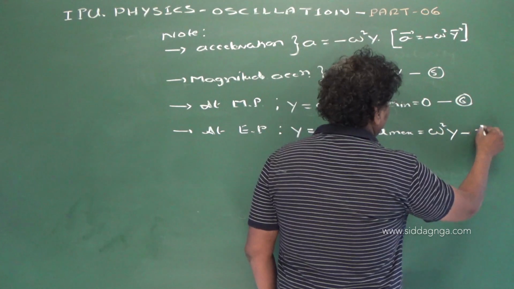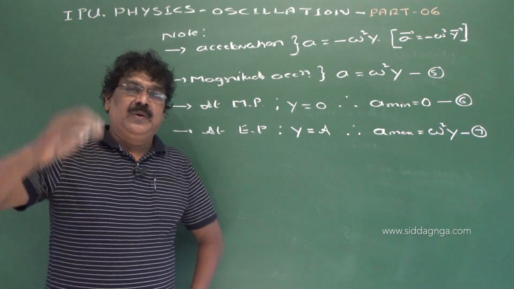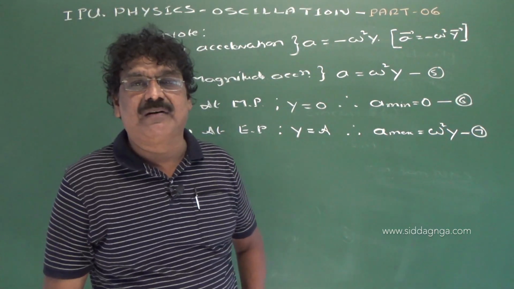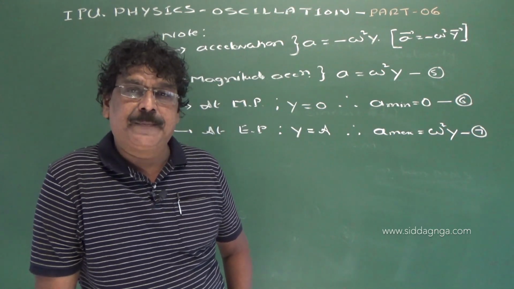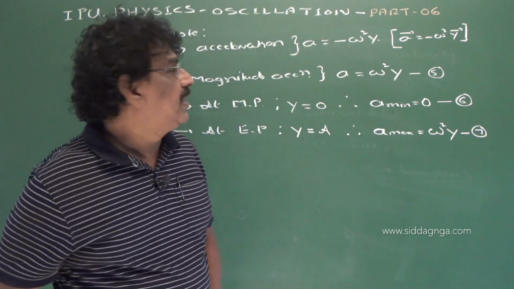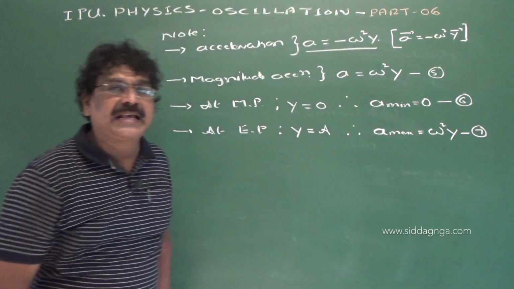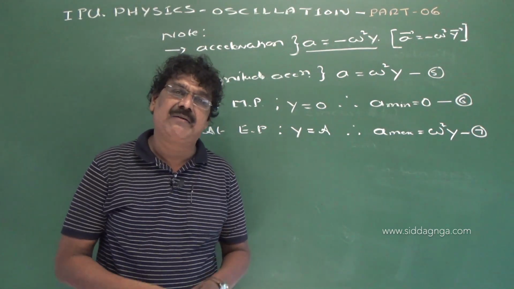This we can take as equation 7. So we have taken 7 different forms of equations for acceleration, but the most important thing is you have to remember this form of equation: acceleration A is equal to minus omega square y.